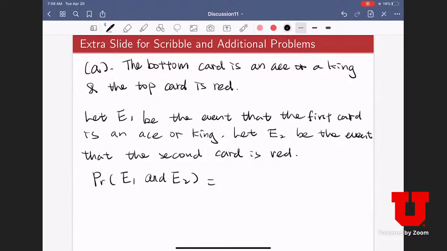So this one is the probability of E1 and E2. How would you write the right hand side?